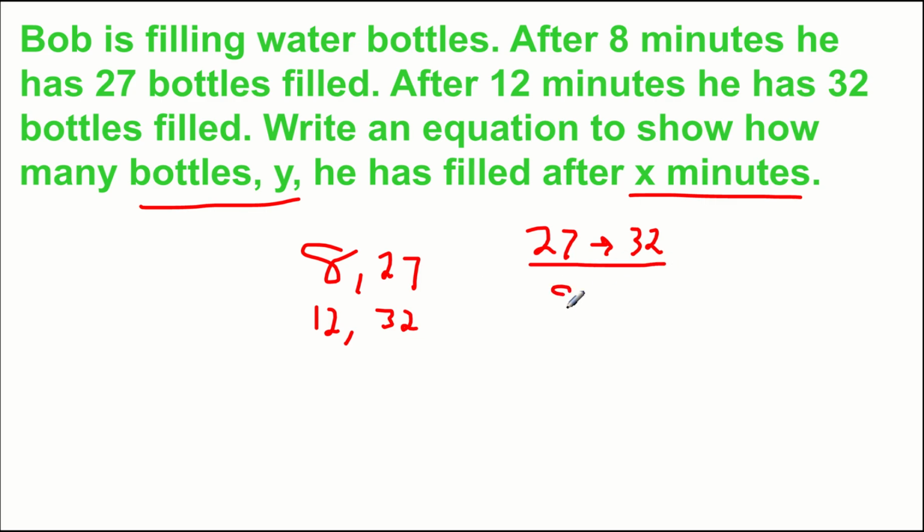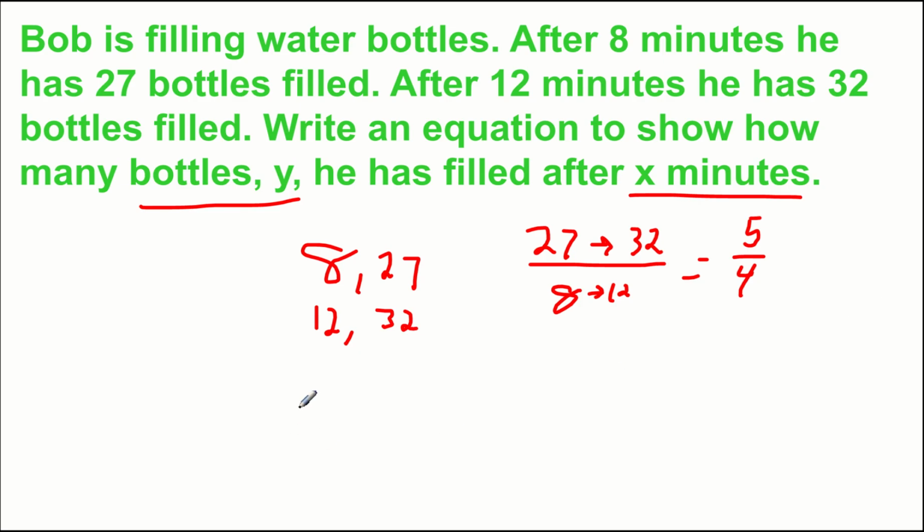My x values go from 8 to 12. What that gives me is 5 over 4. 5 over 4 is not going to be a whole number. Fractions are generally okay for this. However, sometimes it does make things a little trickier with word problems, okay?